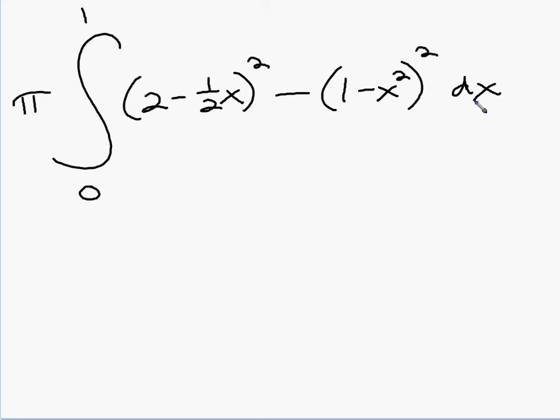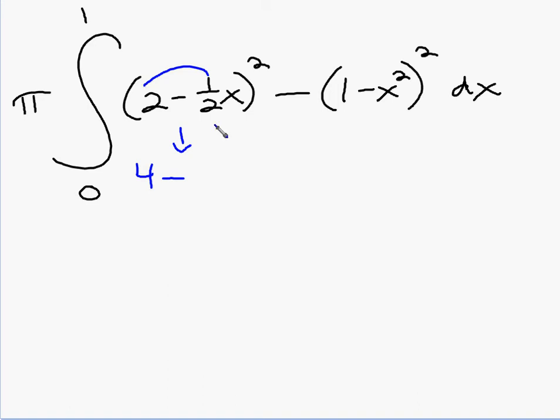So what I would do is, you'd have to do some FOIL, do some simplifying before we ever start working with an antiderivative. If I do FOIL here, 2 times 2 is 4. When I do 2 times 1/2 x, don't I get 1x? So you're going to have minus 1x minus 1x.